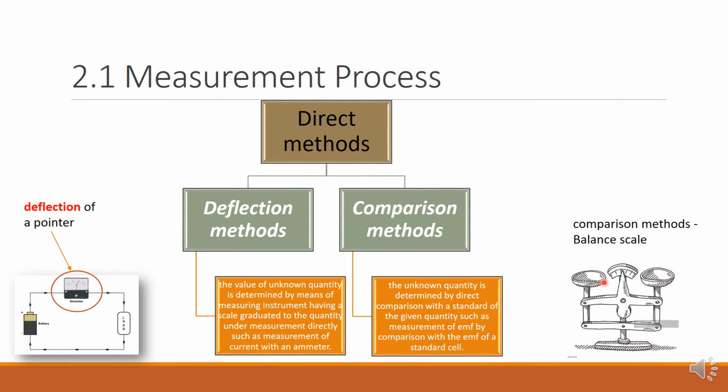You put, let's say, 1 kilogram on one pan of your balance as a reference, and then the object that needs to be weighed is put in the other pan. Then you can get the value of the weight by reading the pointer perpendicular to your balance. So we call this a direct method by comparison.